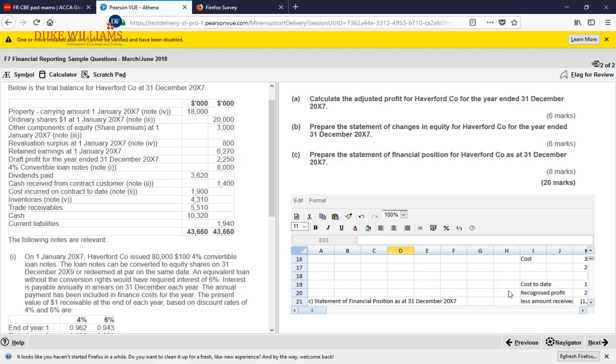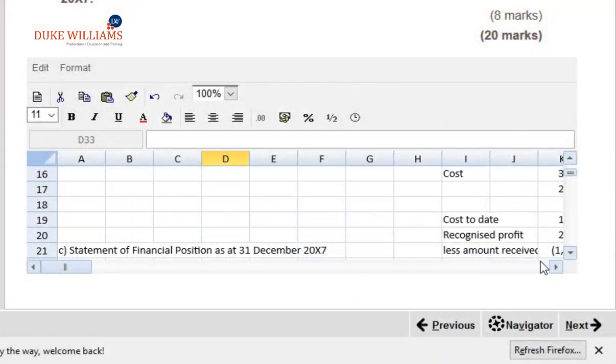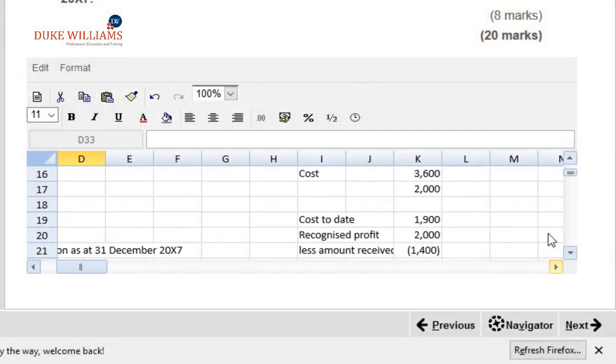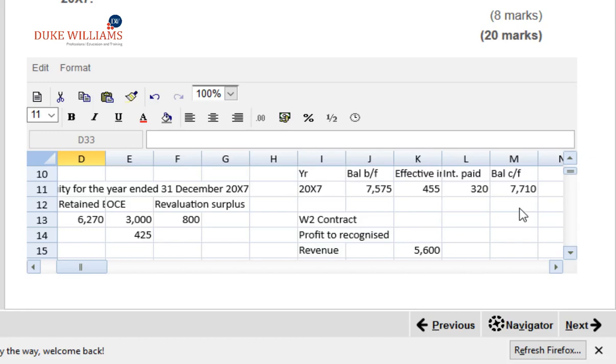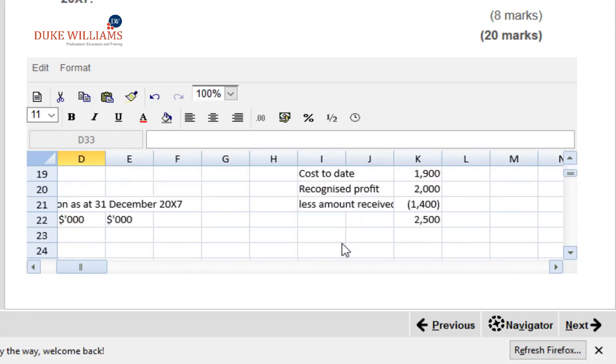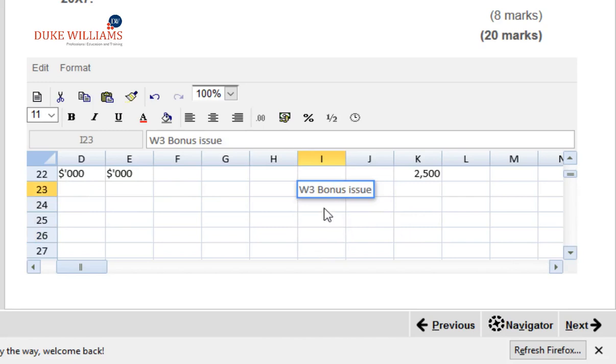So let's build our workings for it. So this will be our workings 3. Keep it simple. So you can say bonus issue. Now we need to find the actual share issue because it wasn't recorded.